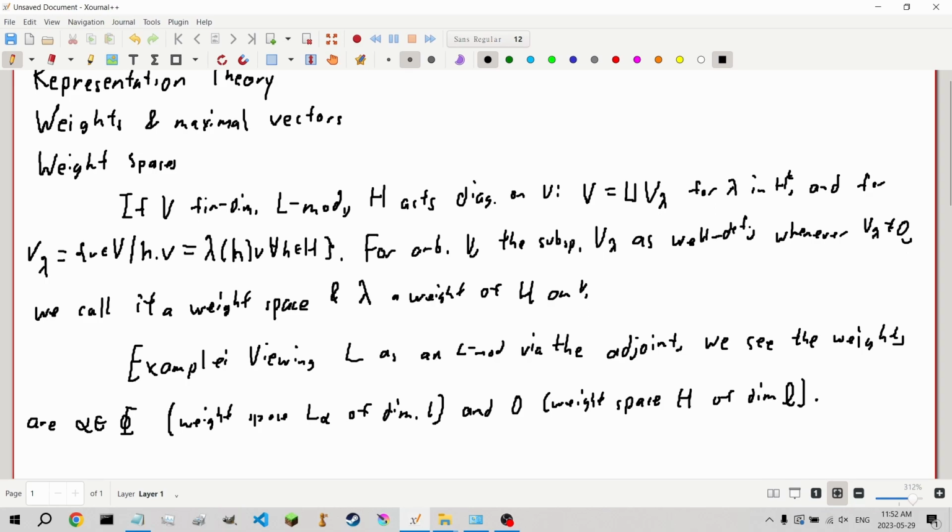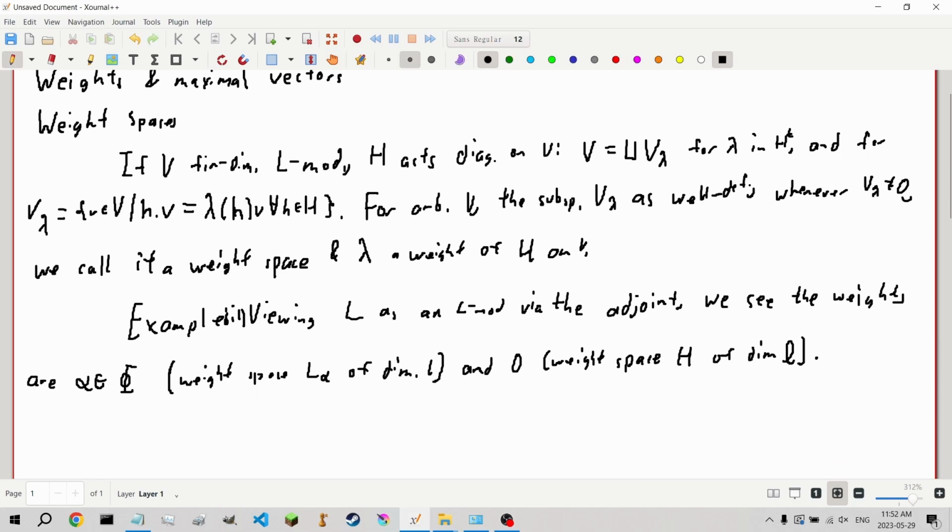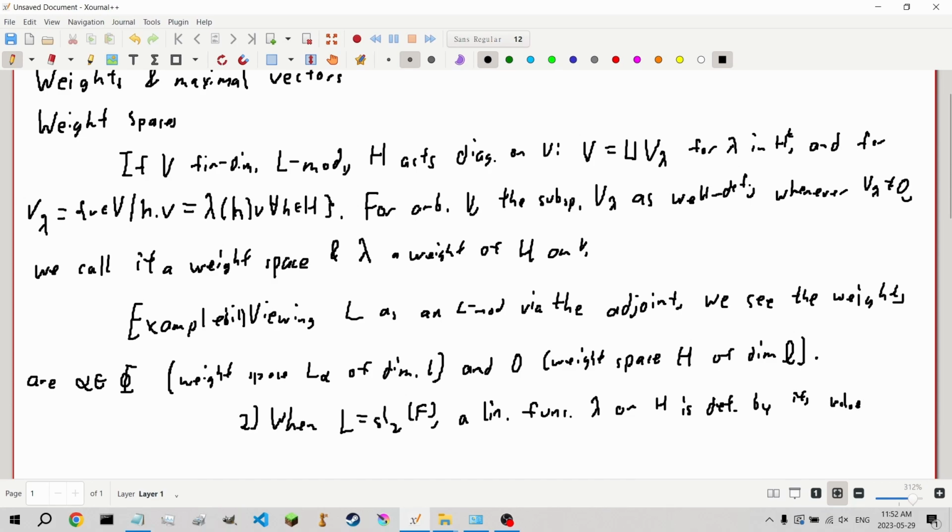I guess there are two examples here. When L is SL2 of F, the linear function lambda on H is determined by its value at the basis vector h.